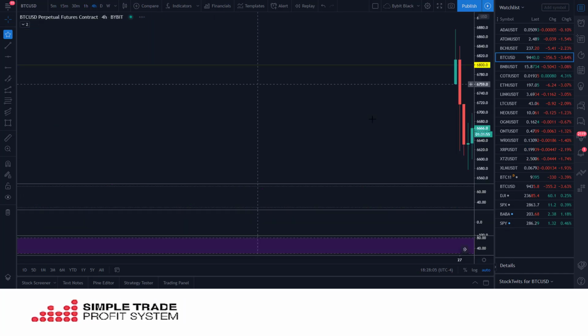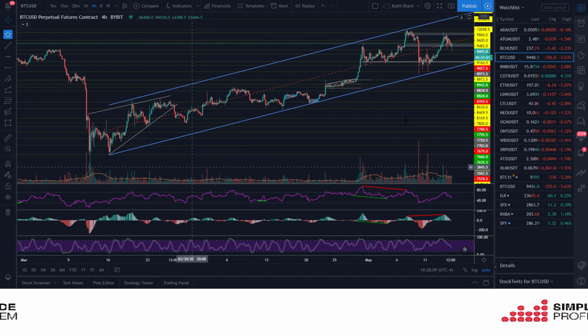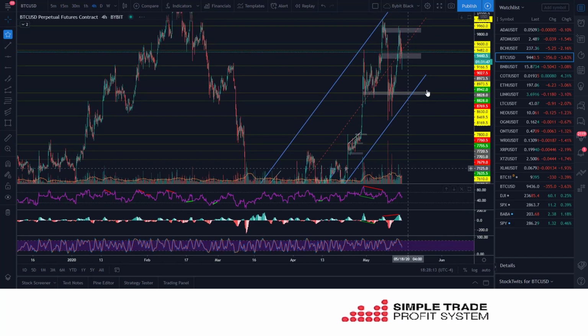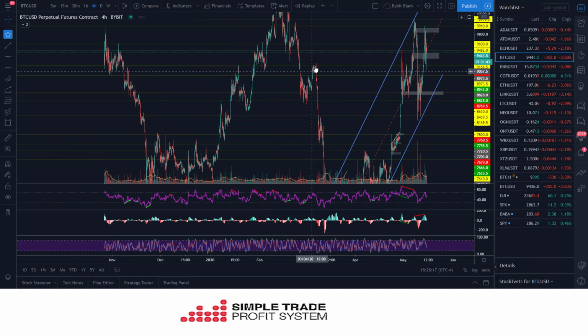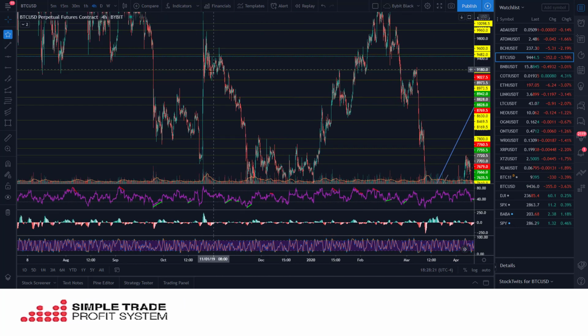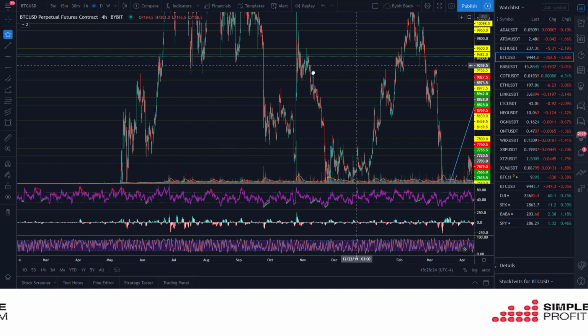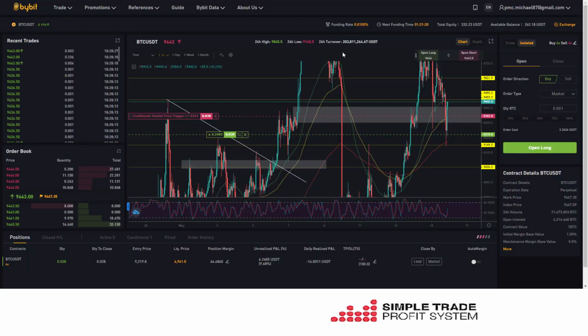Let's go to the 4 hour. $91.50, right in this area. So we have some support over here, lots of support right here. So I knew it was an area to pay attention to.